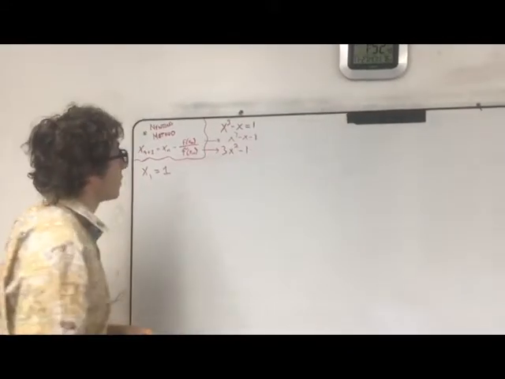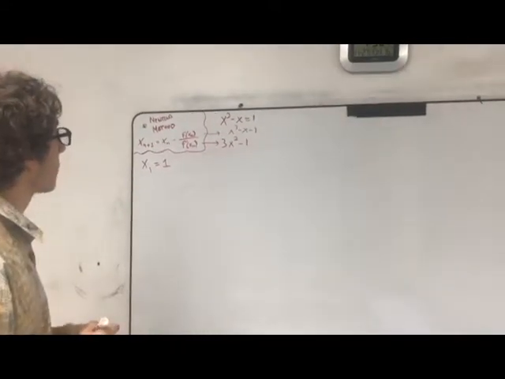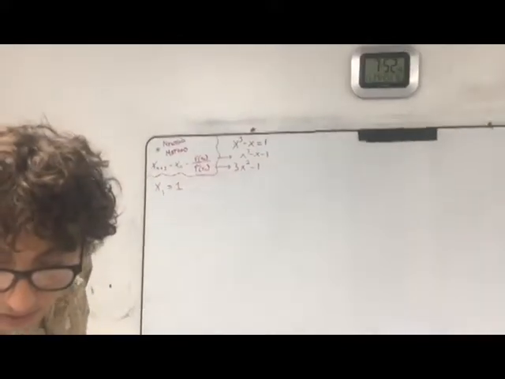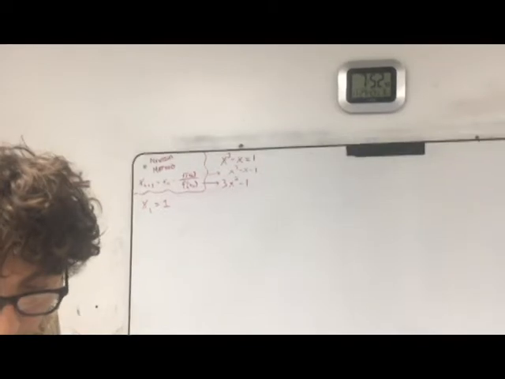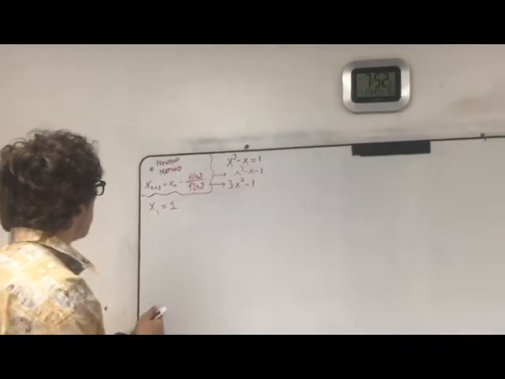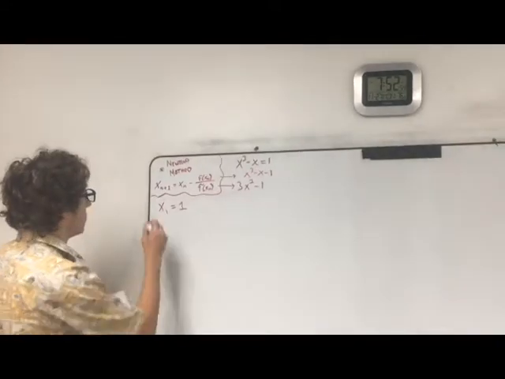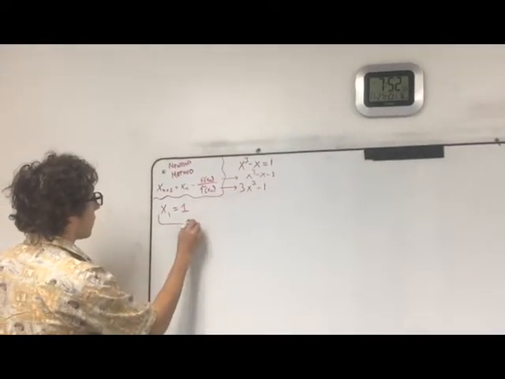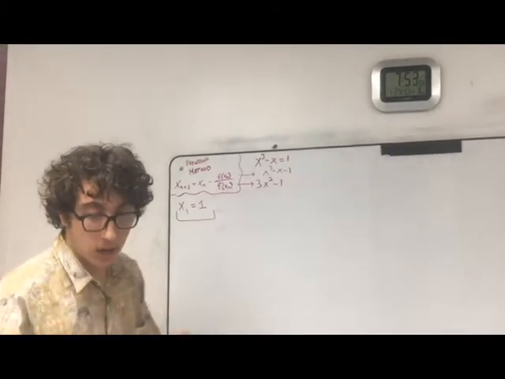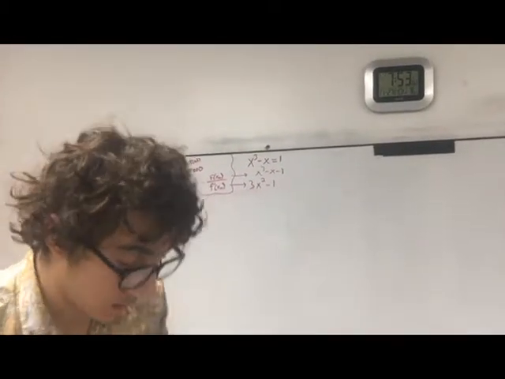I won't add it in because I'm not trying to make it confusing, but let's continue. All right, knowing that x1 is equal to 1, I could start off right away and use Newton's method.